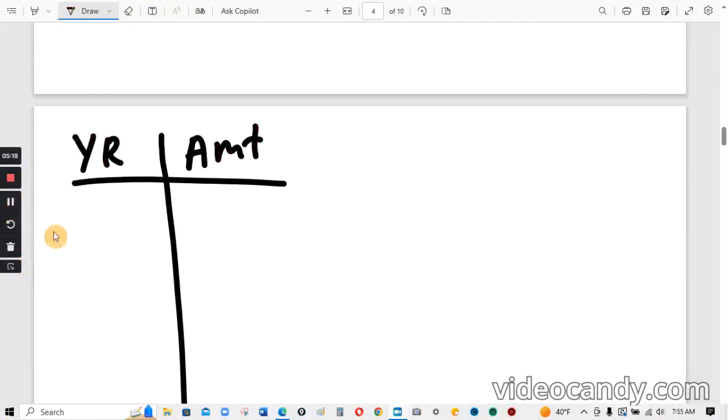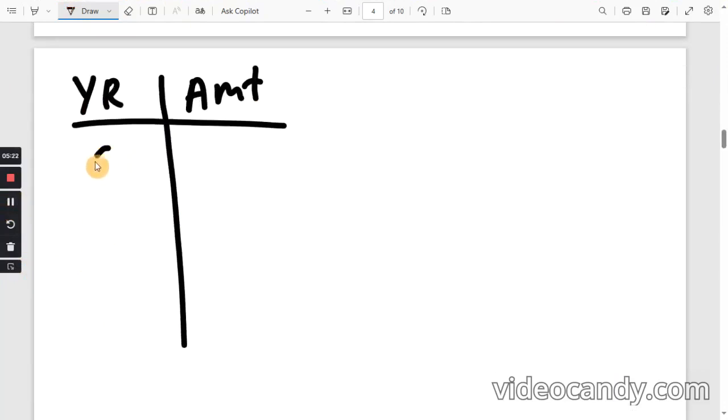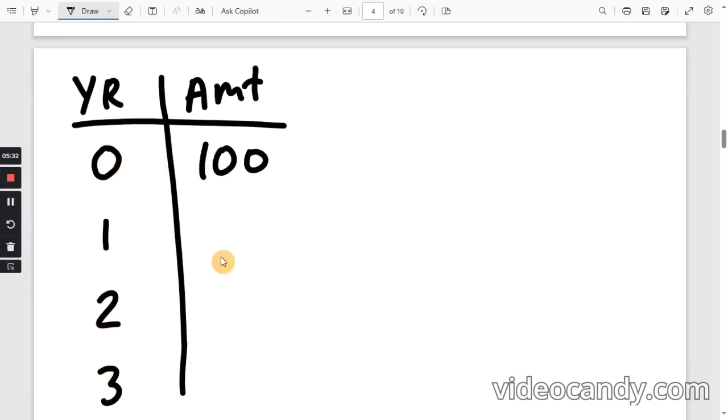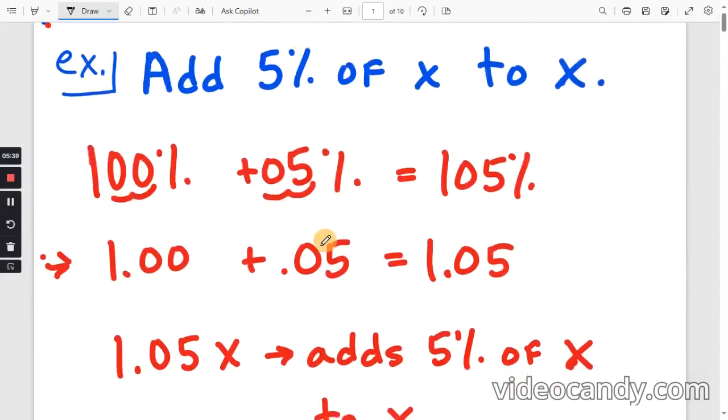So again, let's do the year and the amount. Okay, we're going to start with year 0. And then we're going to go up to year 3. In year 0, we start with $100. Now, we said at the beginning of this lesson, in order to add 5%, you can multiply by 1.05.